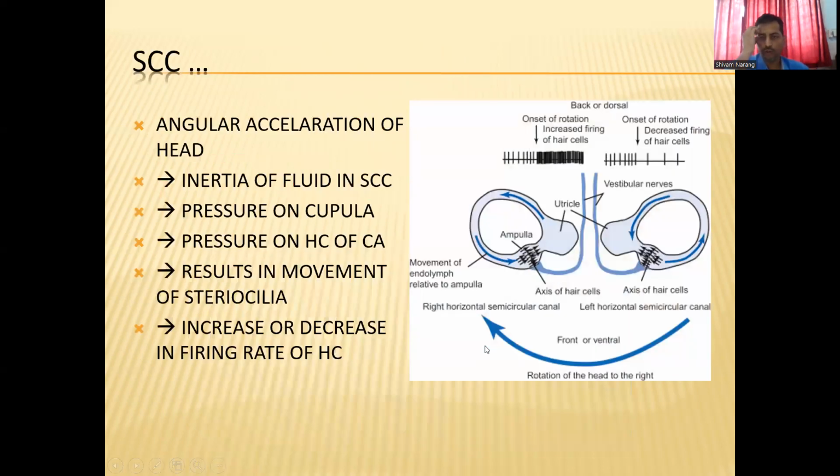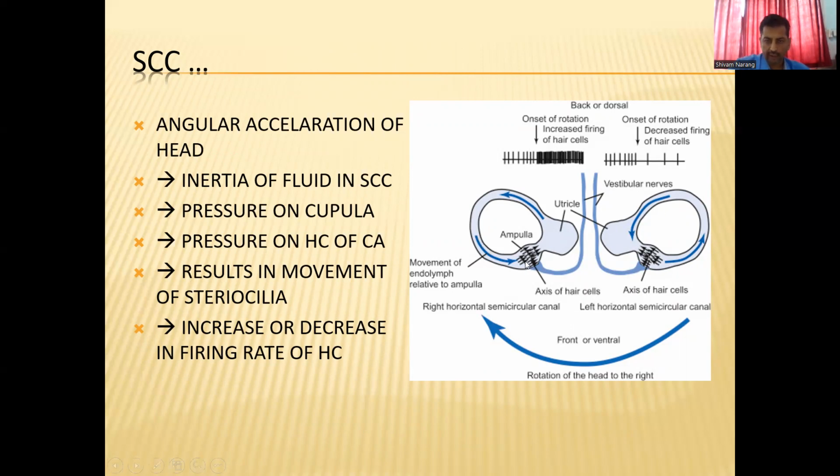Now, the function of the semicircular canal. Semicircular canals judge the angular acceleration of the head. And how does it happen? Here in this picture, we can see this is the lateral semicircular canal of the right side, and this is the lateral semicircular canal of the left side.